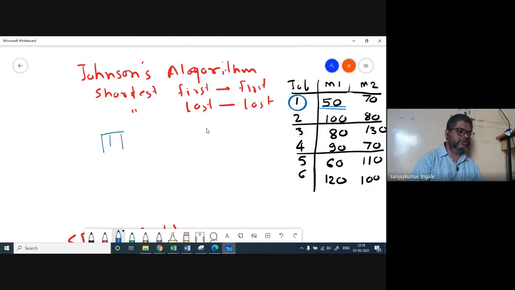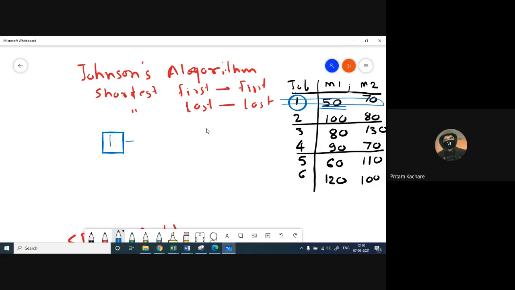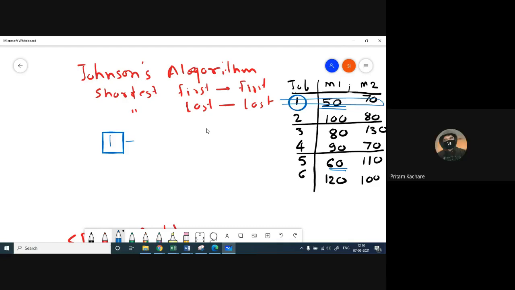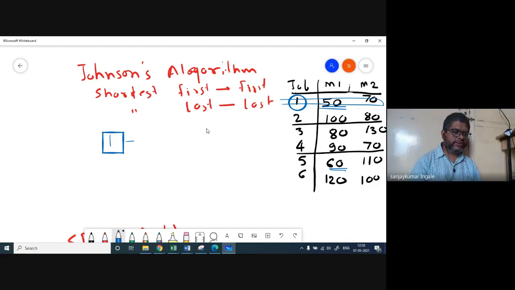So we have scheduled job 1. Next, now don't consider this time because the job is already scheduled. Which is the next shortest? 60 is the shortest time. Is it for the first operation or last operation? M1 is the first operation, M2 is the last operation. So it is the first operation. So we have to schedule job 5 next.